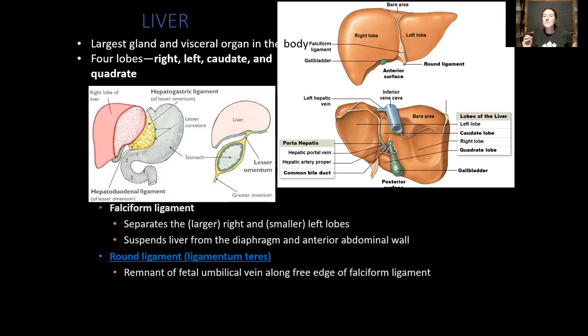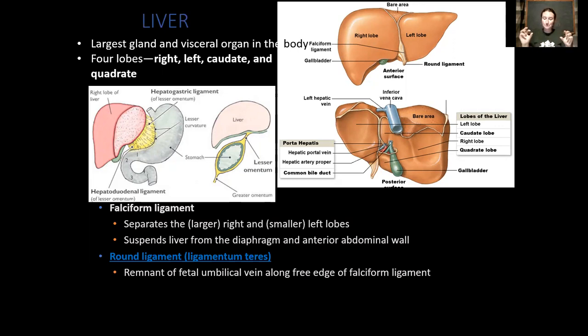Okay. The falciform ligament directly leads into the round ligament, also called the ligamentum teres. This ligament is actually a leftover feature from your fetal development. So just like we saw with the heart, there are a few scars left over from fetal vessels and fetal passageways from the right into the left atrium, etc. This actually used to be your umbilical vein.